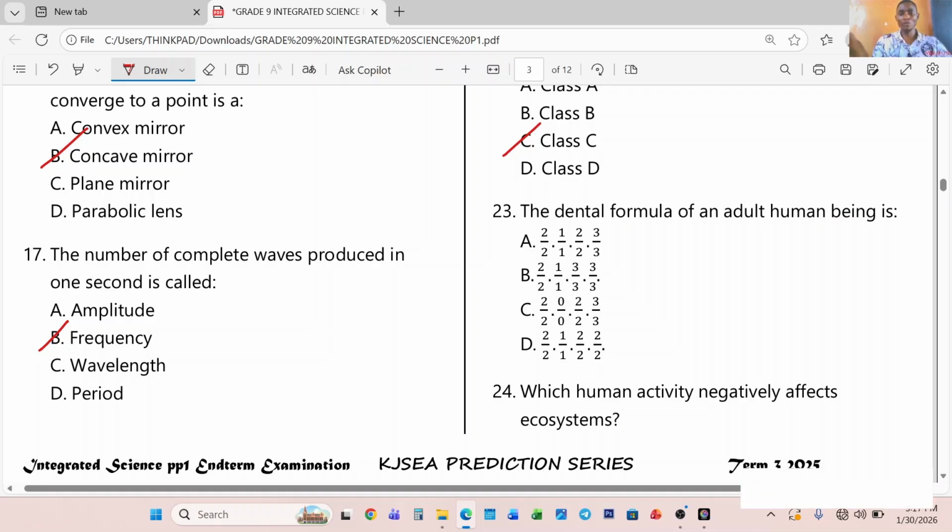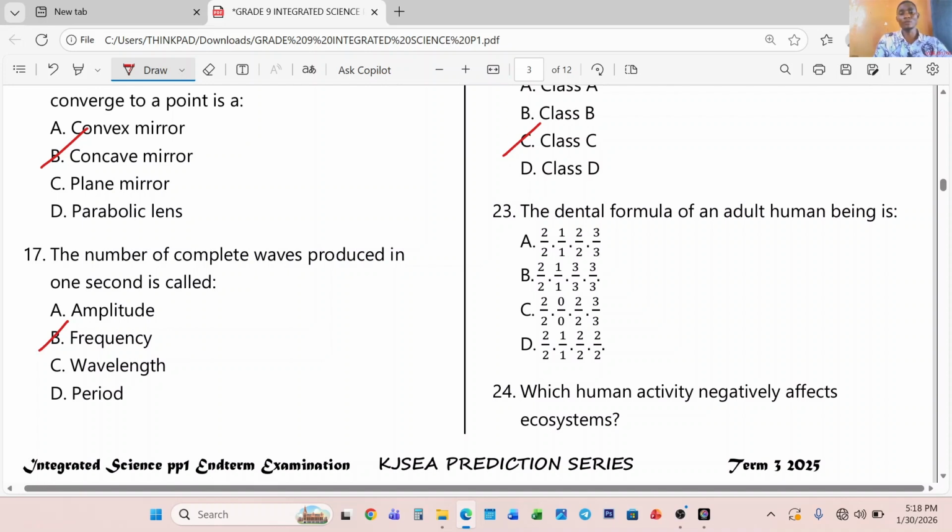So for the adult human beings, the dental formula is A, where we have the total number of teeth being 32.